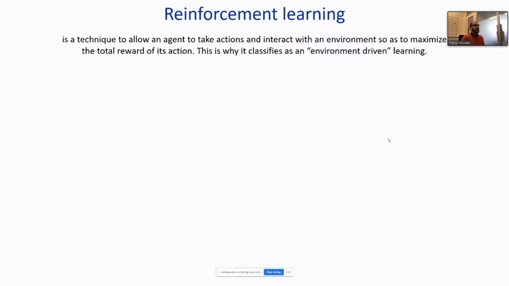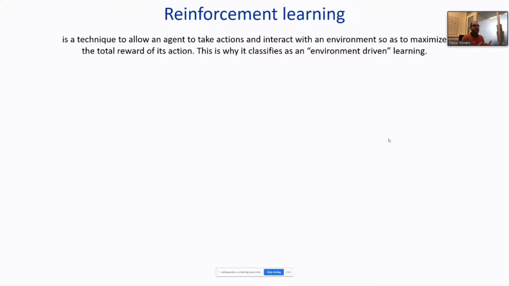This agent takes actions and interacts with the environment in order to maximize the reward. The goal is to complete a task and get the reward. The environment is able to provide a reward or a punishment based on the action that the reinforcement learning algorithm performed, and so it goes to maximize this reward or minimize the punishment as it learns.